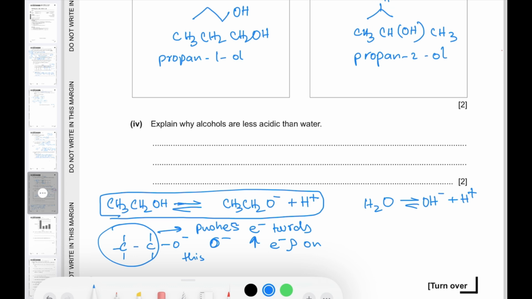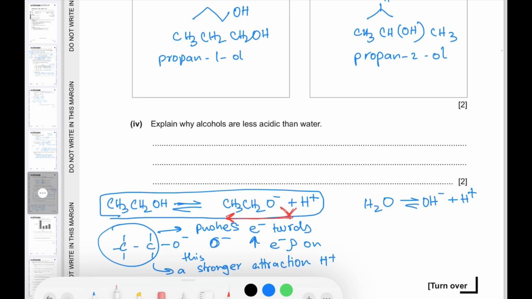Due to this increase in electron density, the alkoxide ion has a stronger attraction for the proton, which makes it far more likely for this alkoxide ion to combine with a proton and shift the equilibrium to the left-hand side than stay as an alkoxide ion.